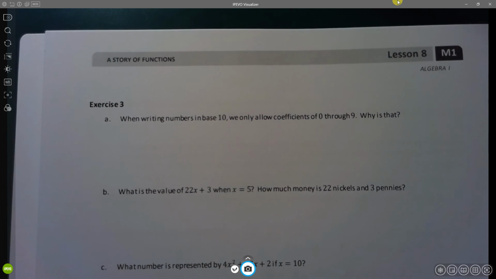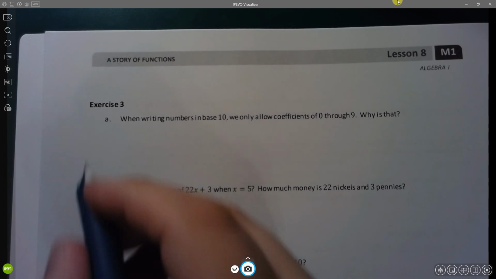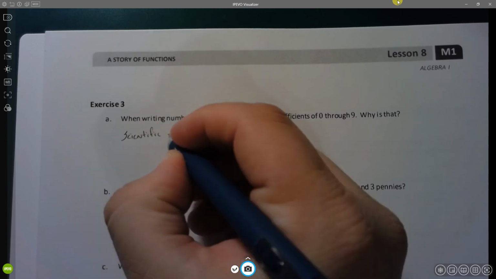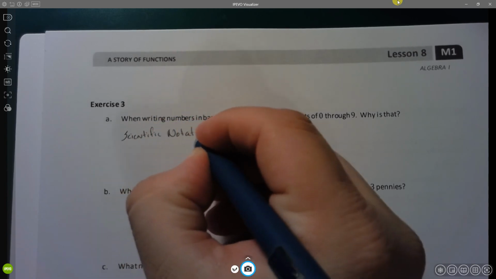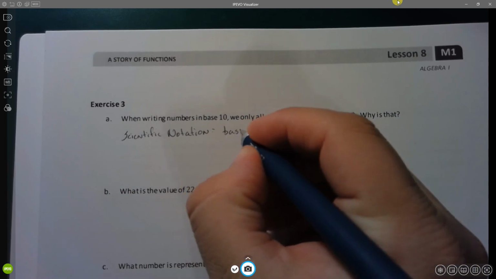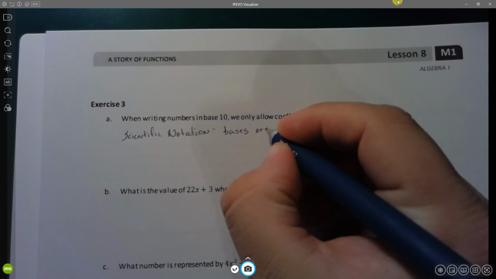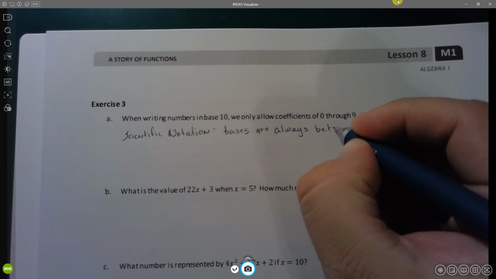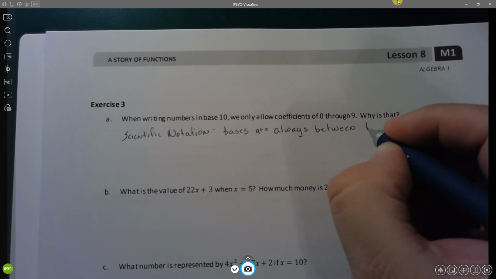All right, so when writing numbers in base 10, we only allow coefficients of 0 through 9, okay? Why is that? Well, go back to thinking about scientific notation. Scientific notation states that the bases are always between 1 and 9.